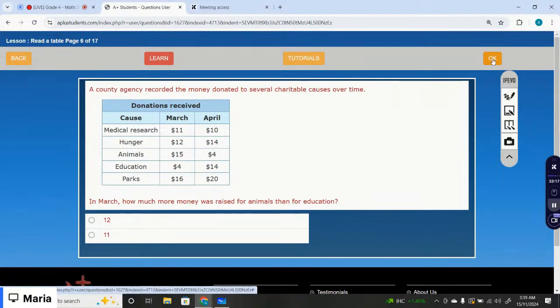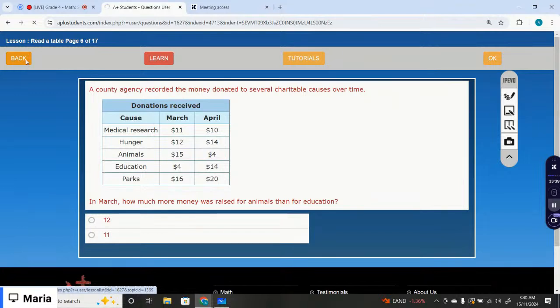In March, how much more money was raised for animals than for education? Just March, you have to see, right? For education, that is this $4, and for animal, that is 15. So, 15 minus 4 is 11. Okay, you can complete the lesson by yourself later today.